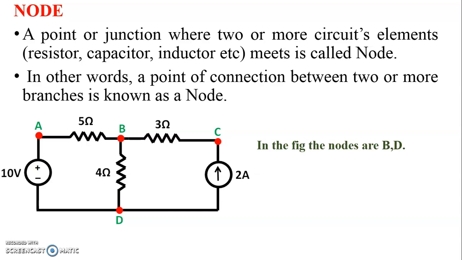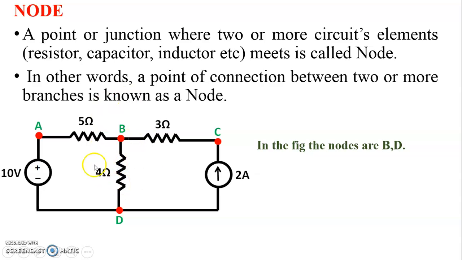So next one is the node. A point or junction where two or more circuit elements meet is called a node. In other words, a point of connection between two or more branches is also known as a node.